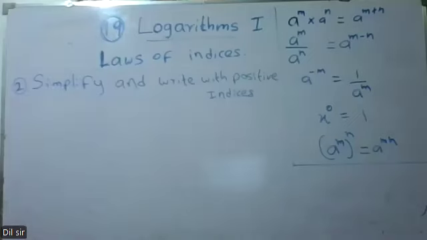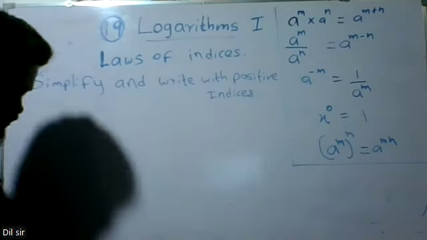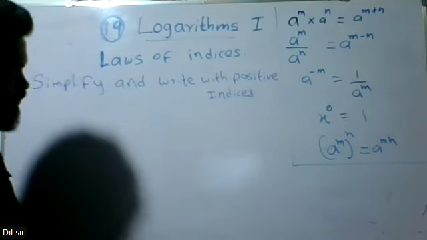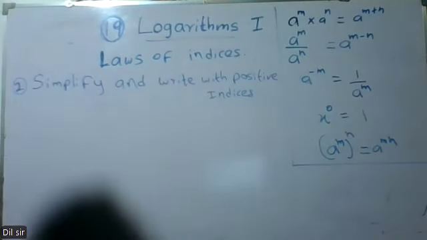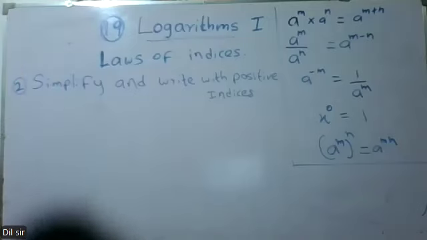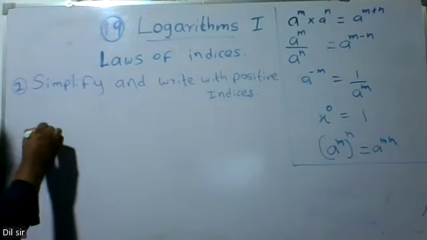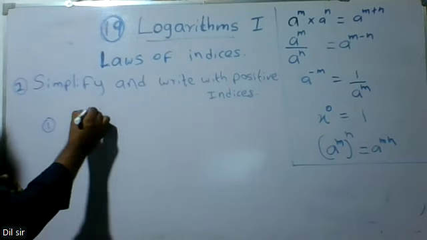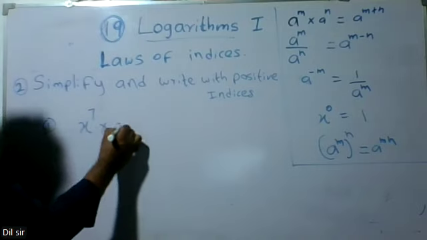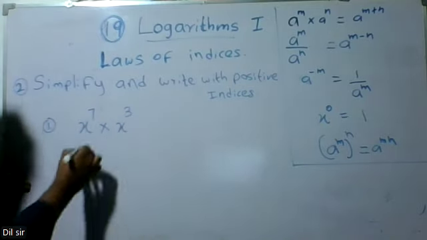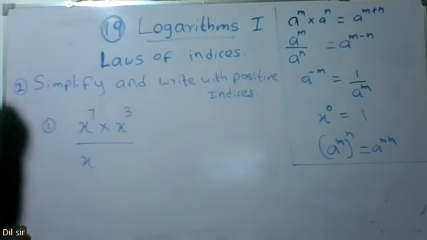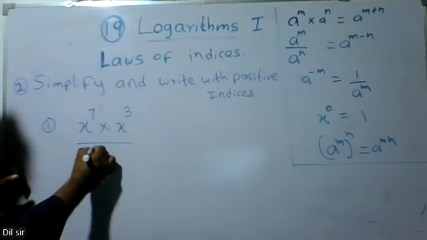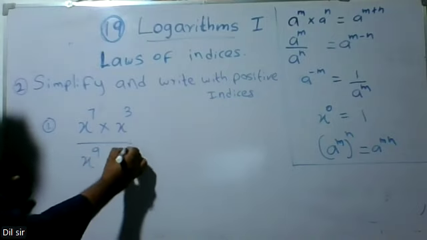Simplify and write with positive indices. And about the first step, x to the power 7 times x to the power 3 over x to the power 9 times x to the power 4.